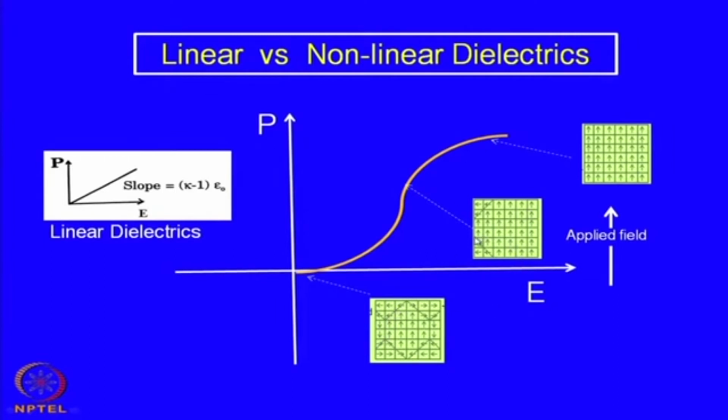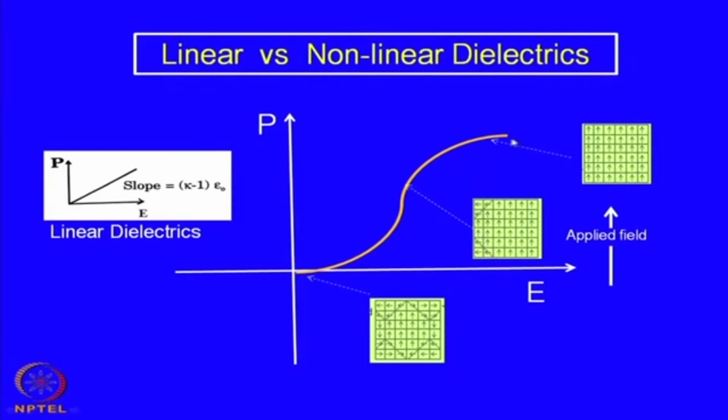So, there are of course still some side domains left here, not all of them have disappeared, but slowly they are disappearing as the electric field is increased. Somewhere around this is the situation where most of them are oriented upwards, but still a few domains are left to be converted.